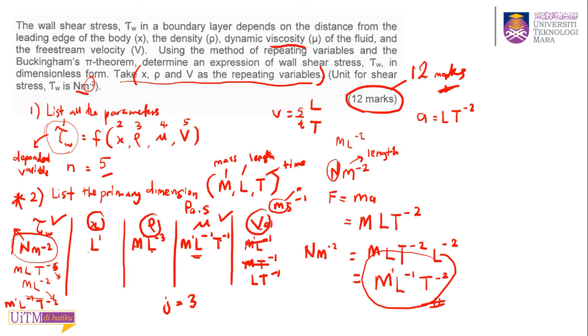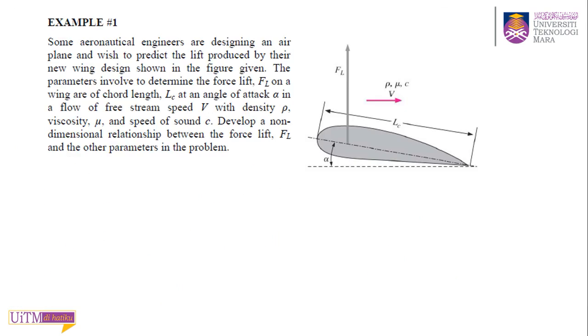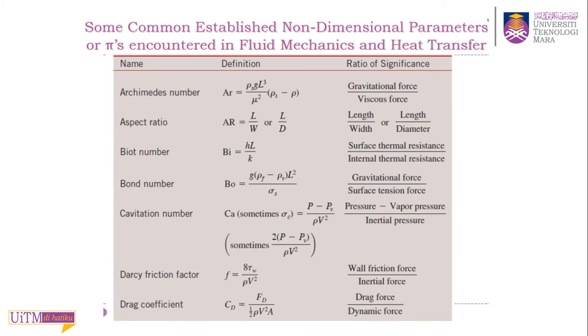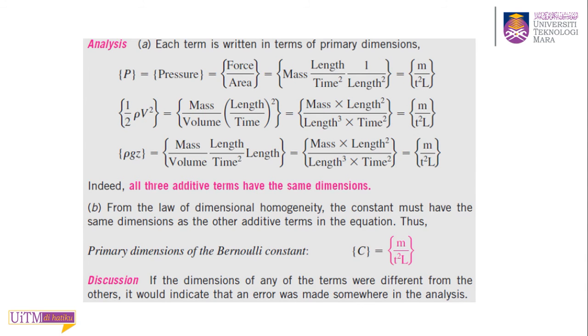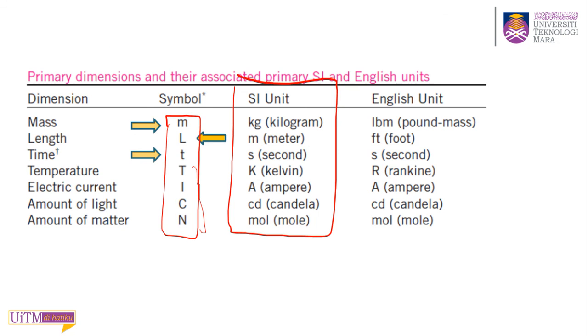Any more questions or anything before I end the class? None? Okay. Also, it is given in the notes, you can refer to the notes, the quantity for all the parameters here.